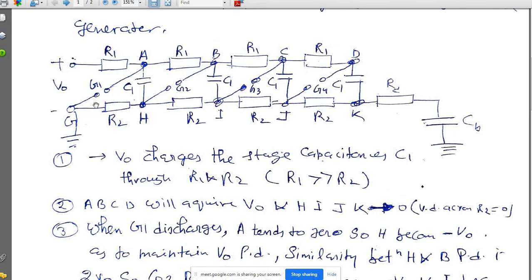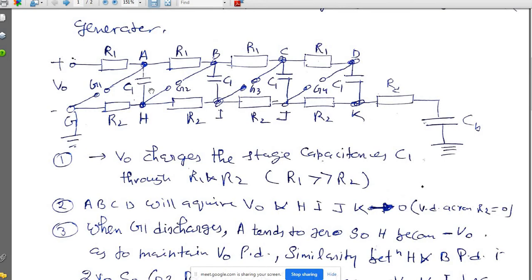Whenever this gap G1 breaks down, what will happen? The ground potential suddenly appears at point A, and the potential redistribution between the capacitances takes place, so point A is intentionally made 0 potential.